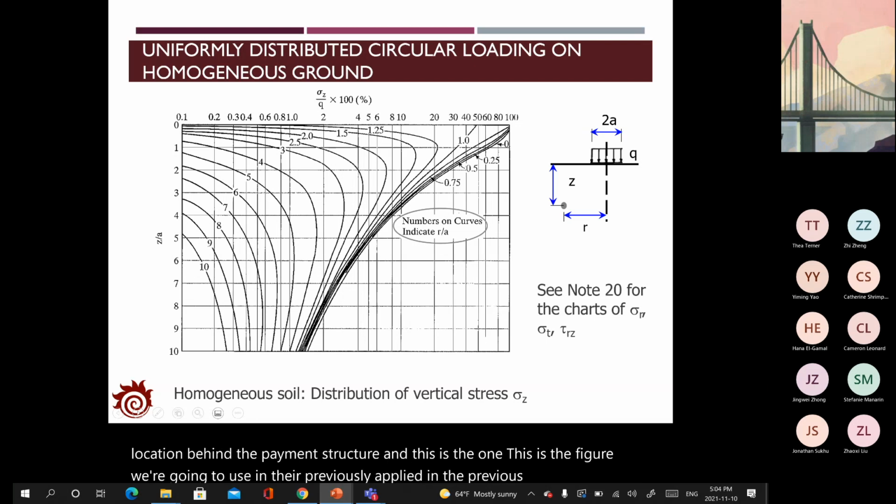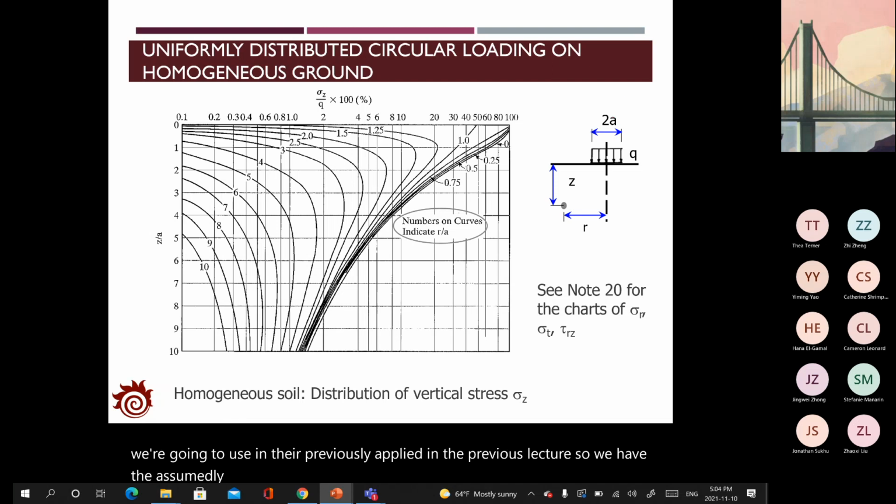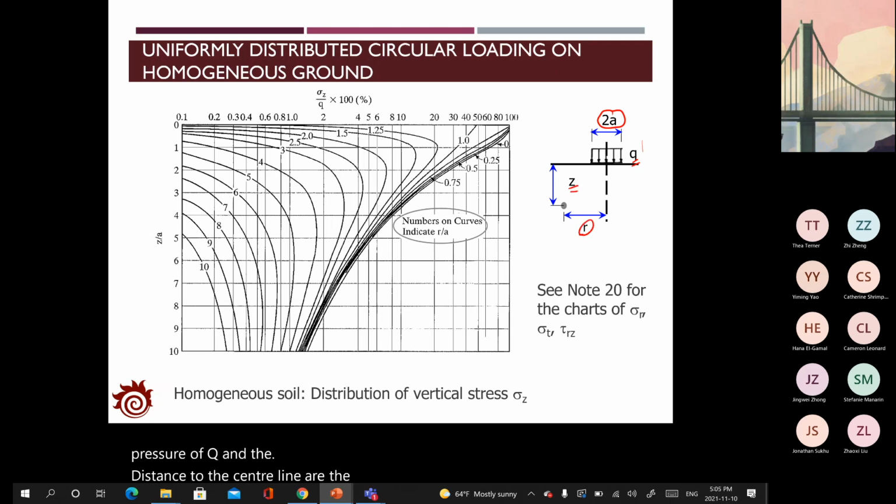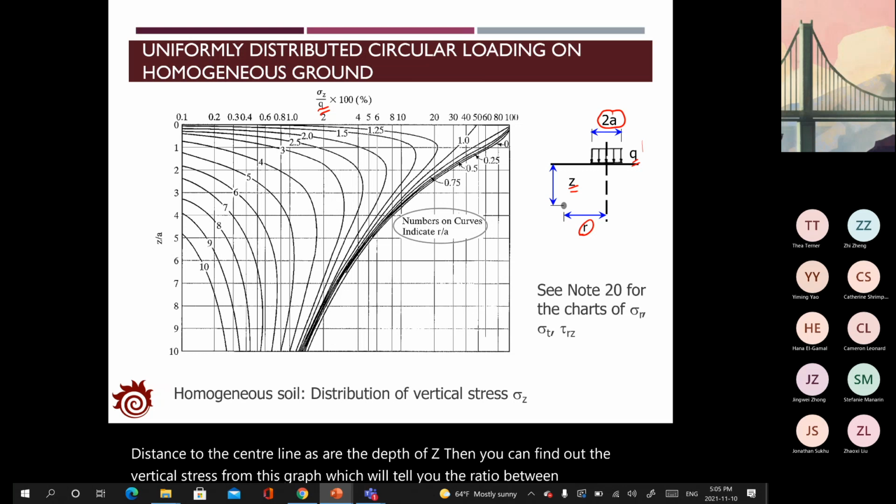So assuming that we have a circular contact area with the radius of A and a contact pressure of Q, and you know the distance to the center line as R and the depth of Z, then you can find the vertical stress from this graph, which will tell you the ratio between sigma Z and Q on the horizontal axis.